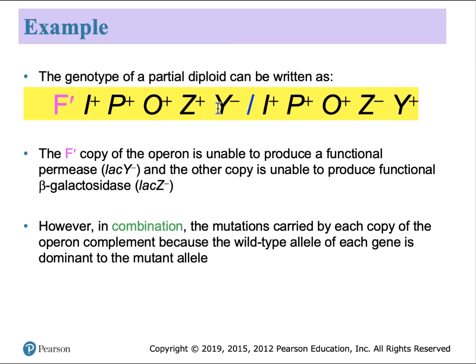So when lactose is present and glucose is absent, the production of these genes will take place, and the Z gene from here will produce a product, and the Y gene from here will produce a product. Therefore, complementation will take place, and we'll get a full set of genes for breaking down and utilizing lactose.